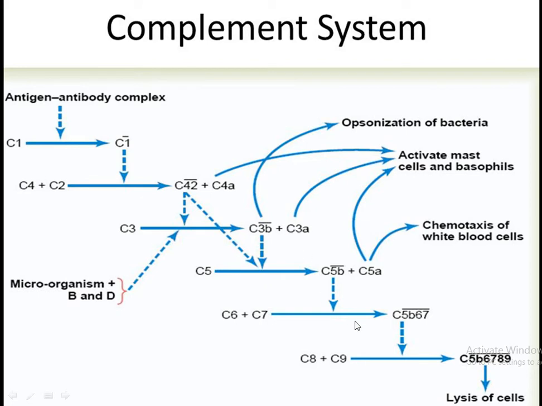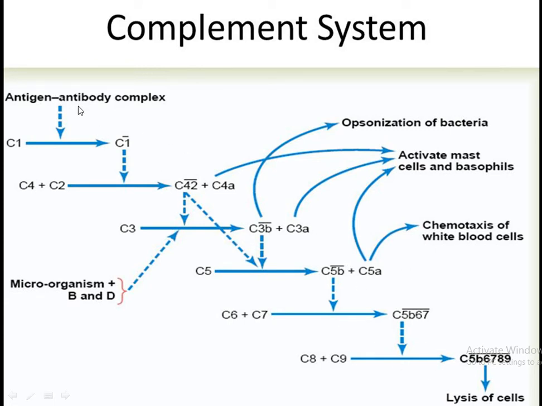Not only is the end product this one, but at different steps we have other effects too. Mast cells and basophils are activated and come to play their role. Opsonization of bacteria takes place, and chemotaxis of the white blood cells occurs at this step. So it is not so simple.